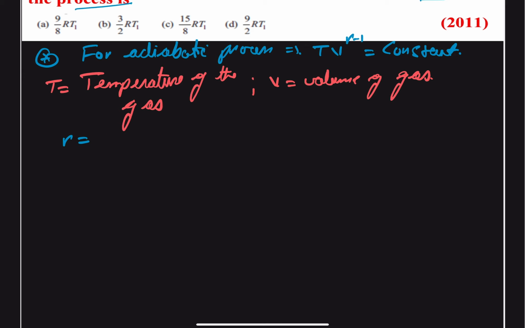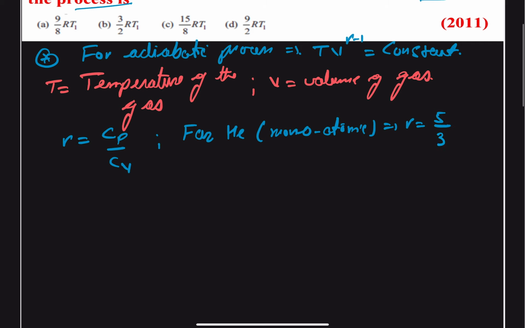Helium is a monatomic gas. Therefore, the value of gamma is 5 by 3.